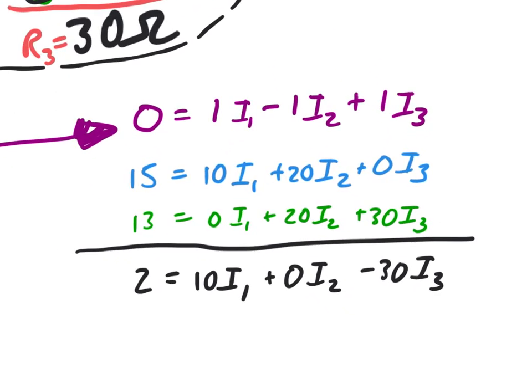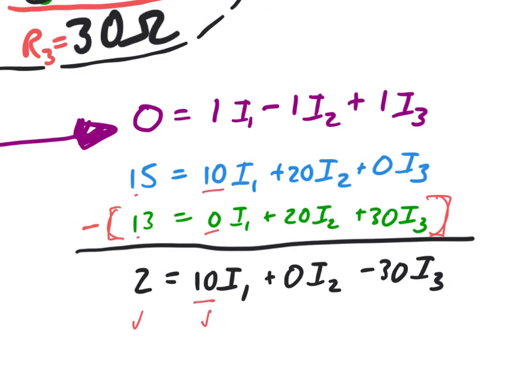Does this make sense? Did I make any mistakes? Well, let's check it out. If I subtract the green one from the blue one, I get 15 minus 13 is 2. Good. 10 minus 0 is 10.